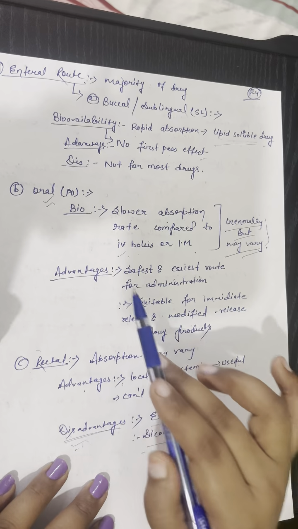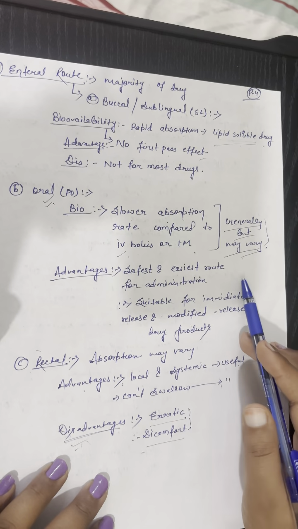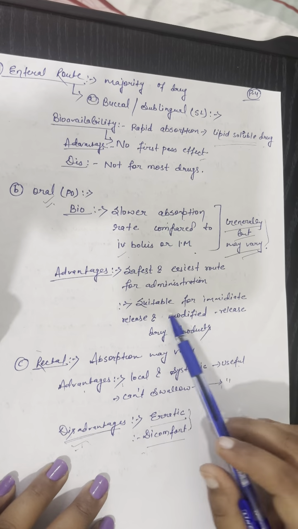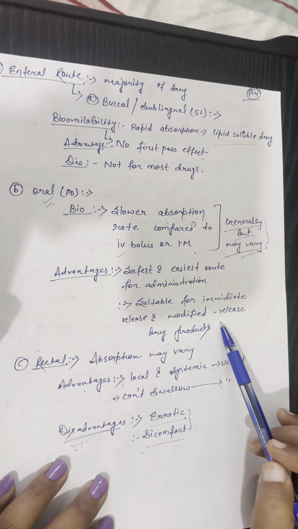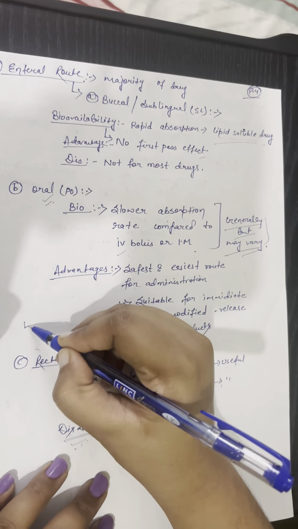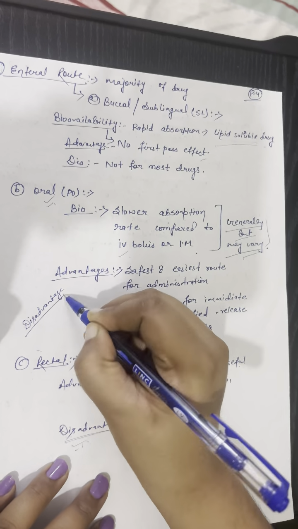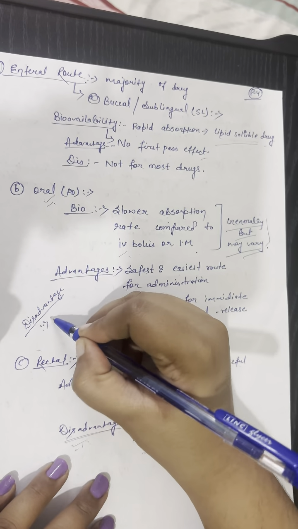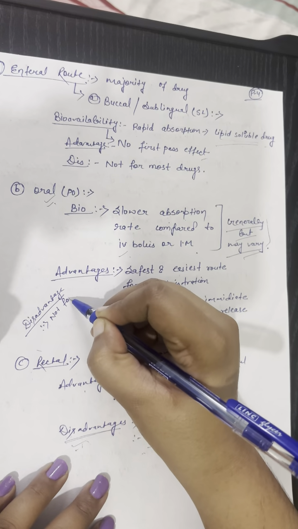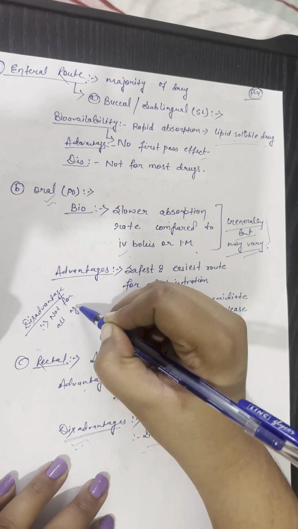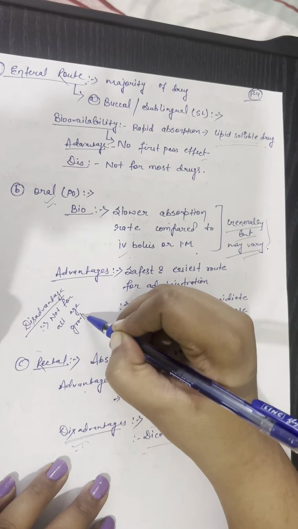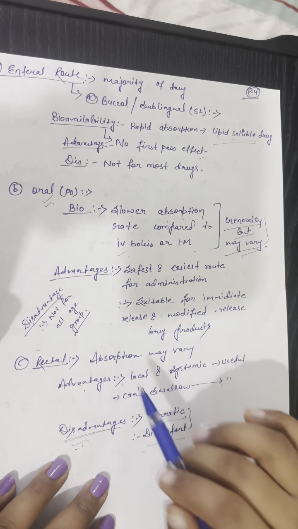Okay, advantage, safest drug, easy route, easy to swallow, suitable for immediate release. But disadvantage, like I wrote here, not for all age groups. Like in children, they can't swallow.